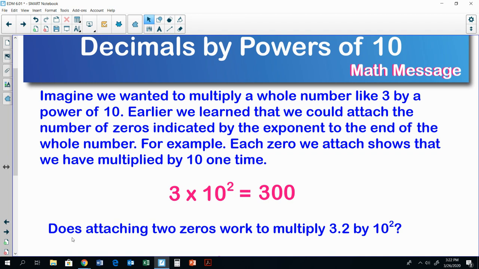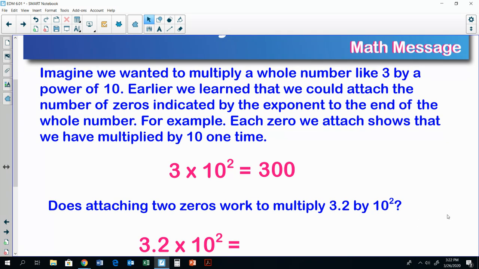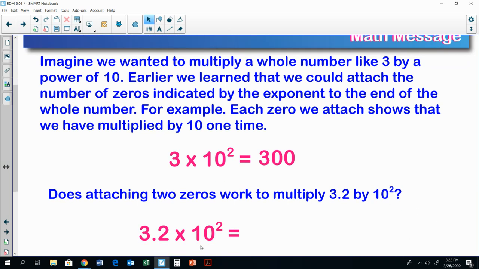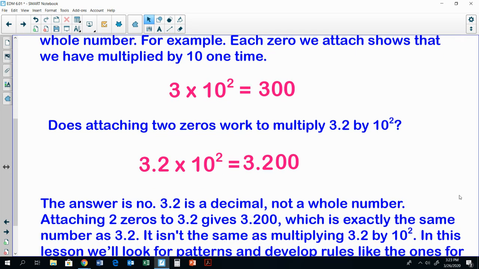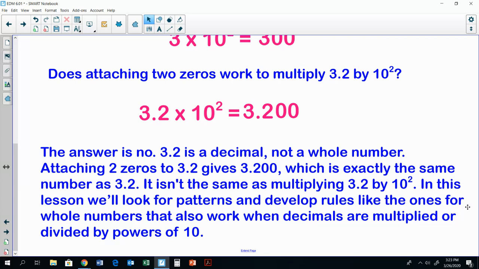Now, does attaching 2 zeros work to multiply 3 2/10 by 10 to the 2nd power? Well, let's take a look. So we'll start with 3 2/10, and then I will attach 2 zeros. So you can see that attaching zeros, the answer is no. 3 2/10 is a decimal, not a whole number.